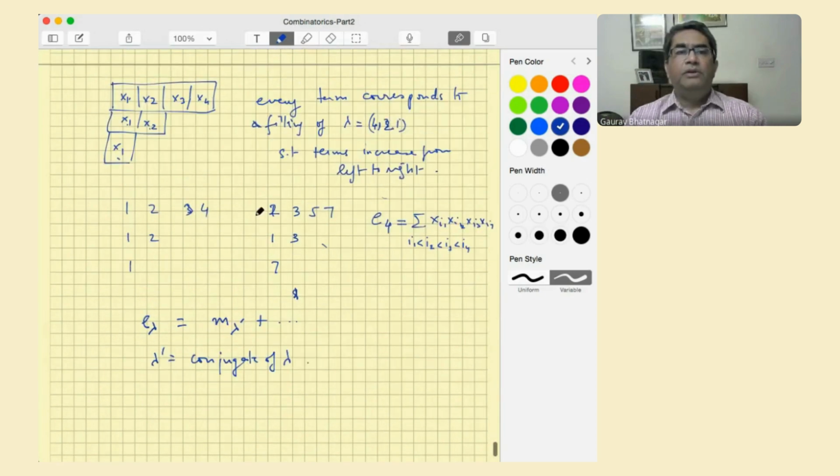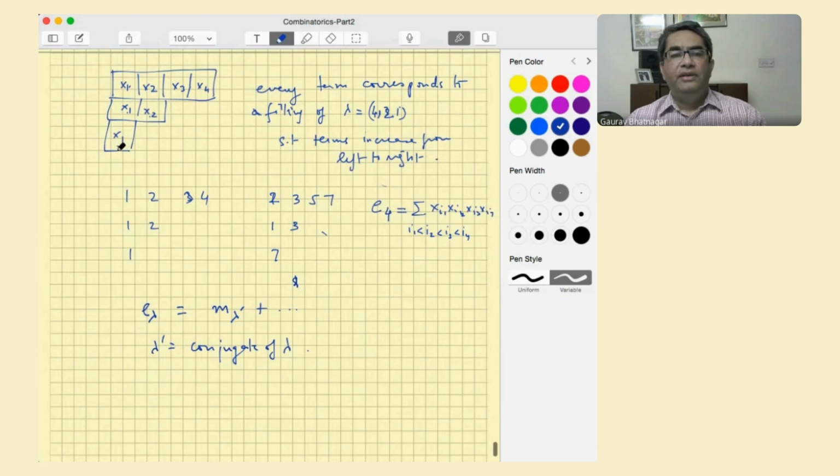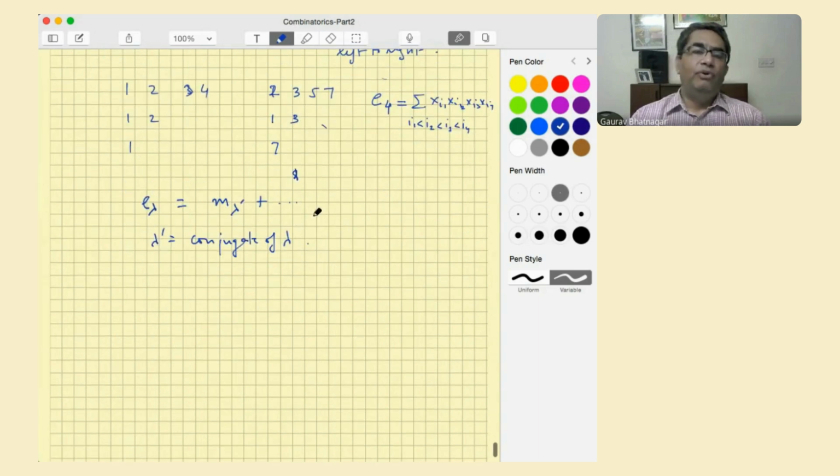So you got this argument, right? If the maximum is here, that's the maximum number of x1s which can come. And say this side is some number, let's say c_lambda,mu and m_mu. So I want to say this mu is less than lambda prime.